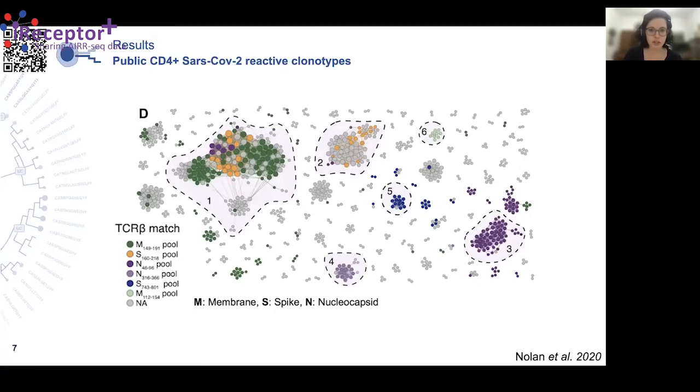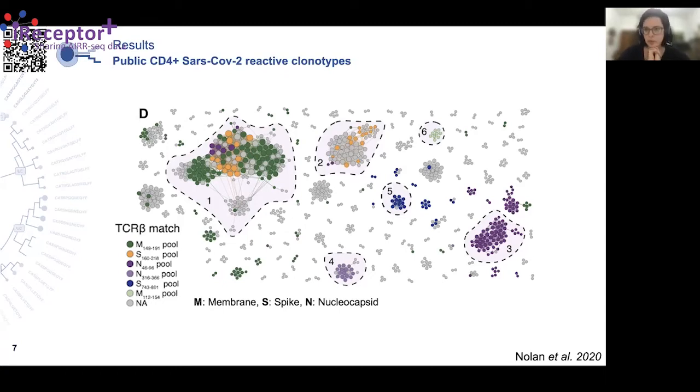Each group of connected nodes represents a cluster of TCRs that differ by, let's say, 2 amino acids, but they are assigned a so-called TCR distance. One can play with the threshold of this distance and find groups of TCRs that have very similar alpha and/or very similar beta chains.